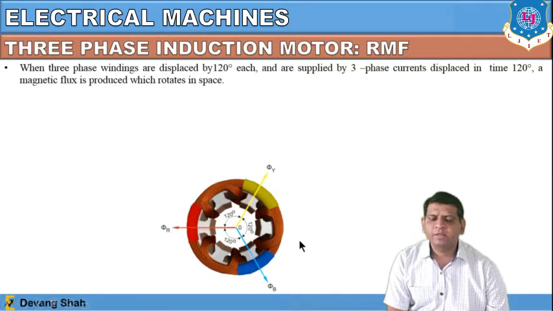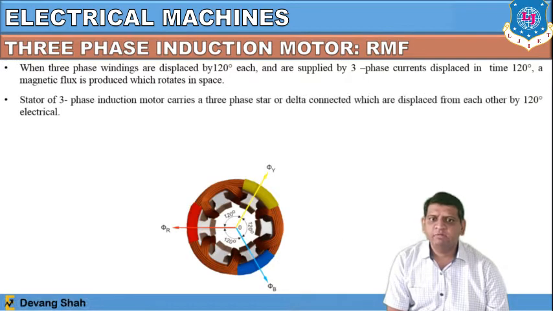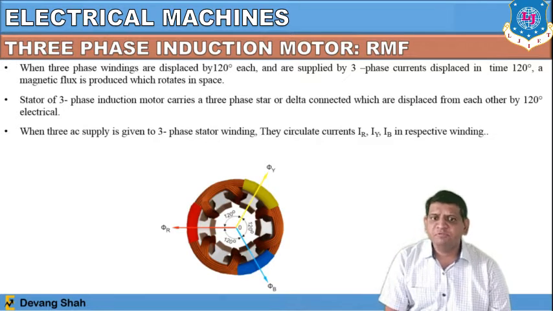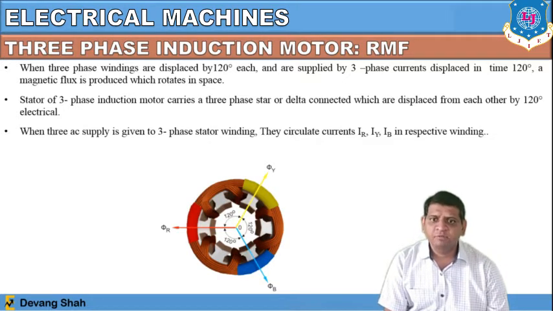Once you apply the three-phase AC signal, this winding will produce a rotating magnetic field, where the stator of the three-phase induction motor carries the three-phase star or delta connected windings, which are displaced from each other by 120 degrees electrically. We apply the three-phase AC signals in the form of currents IR, IY and IB.